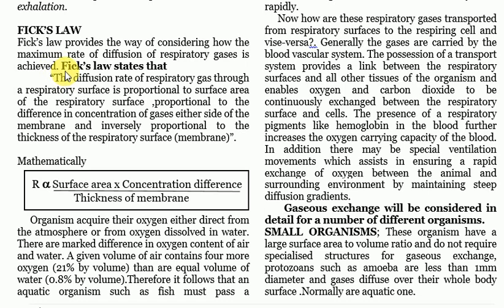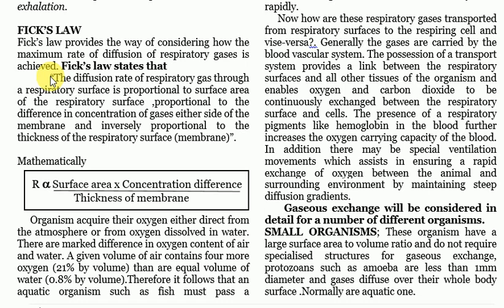Or Fick's law is the law which explains how different factors affect the rate of respiration. That if we increase a certain factor or decrease a certain factor, it will affect respiration in a certain way. In order to know that, we need to consider Fick's law.